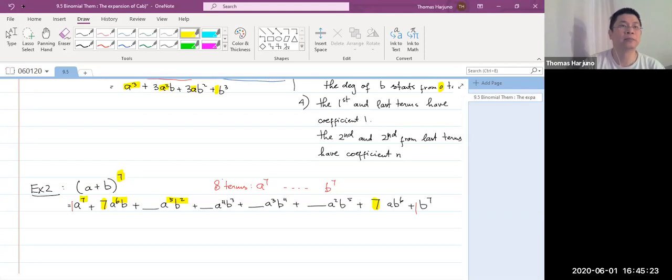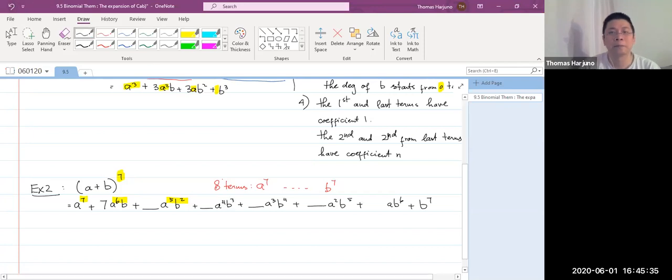Now, of course, our next challenge is how to find the coefficients here.